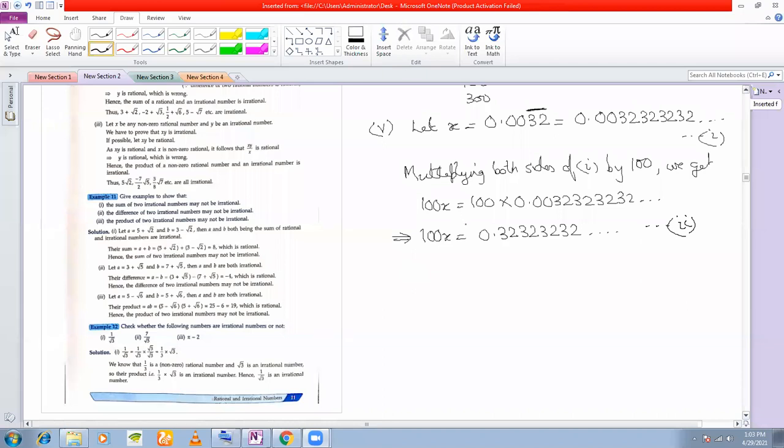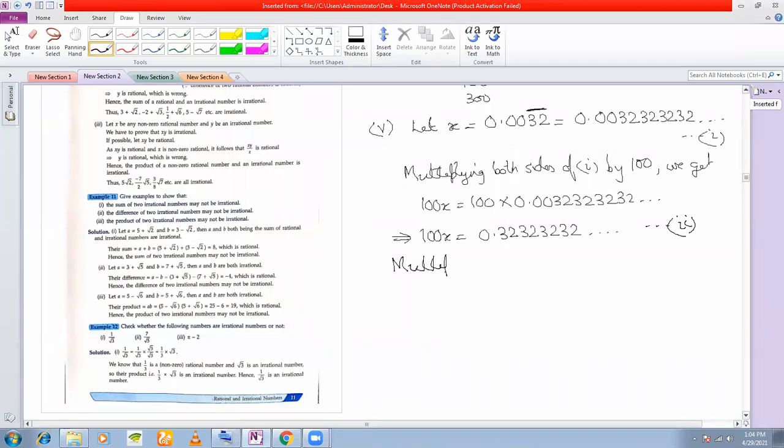We multiply which one by 100? The second equation, both sides by 100. Why should I multiply by 100? Because there are 2 recurring digits. Exactly. Very good.